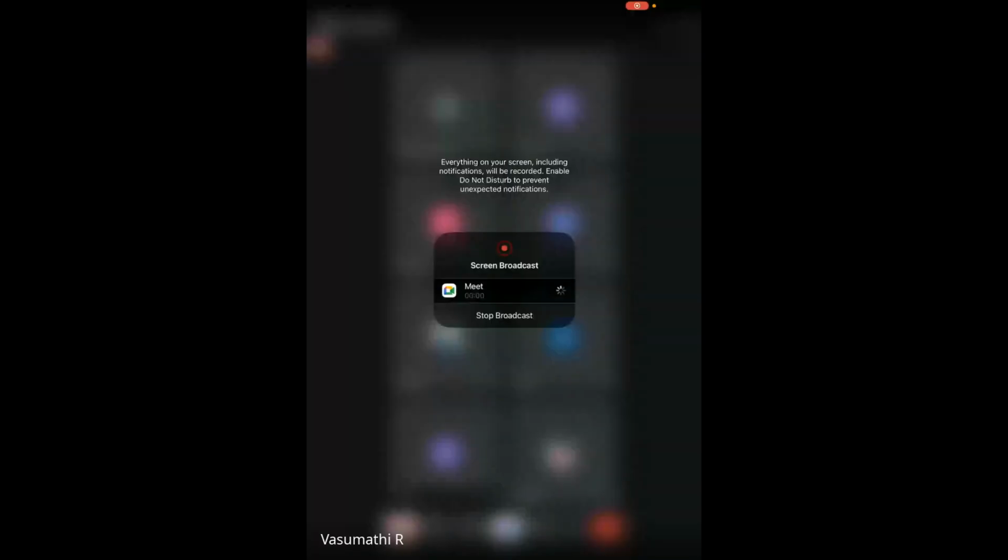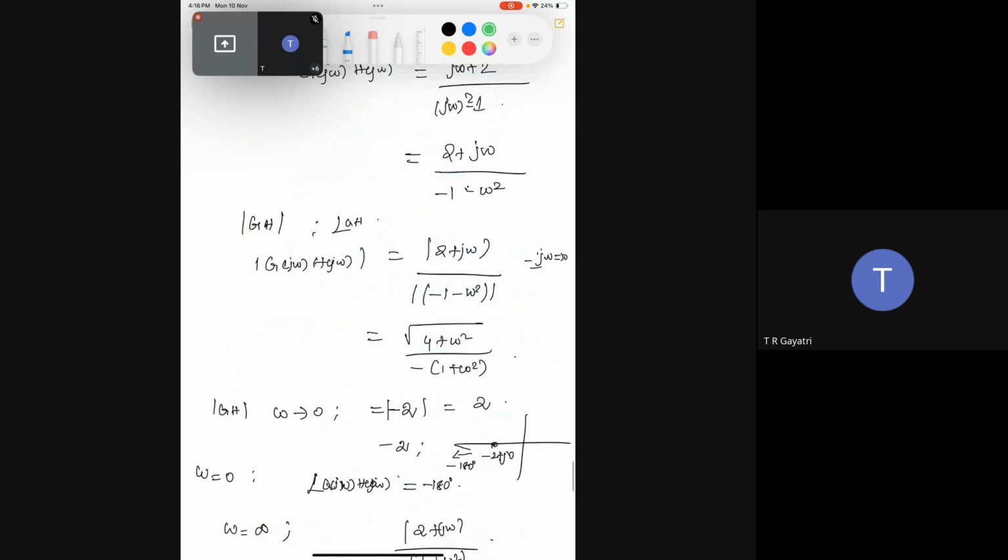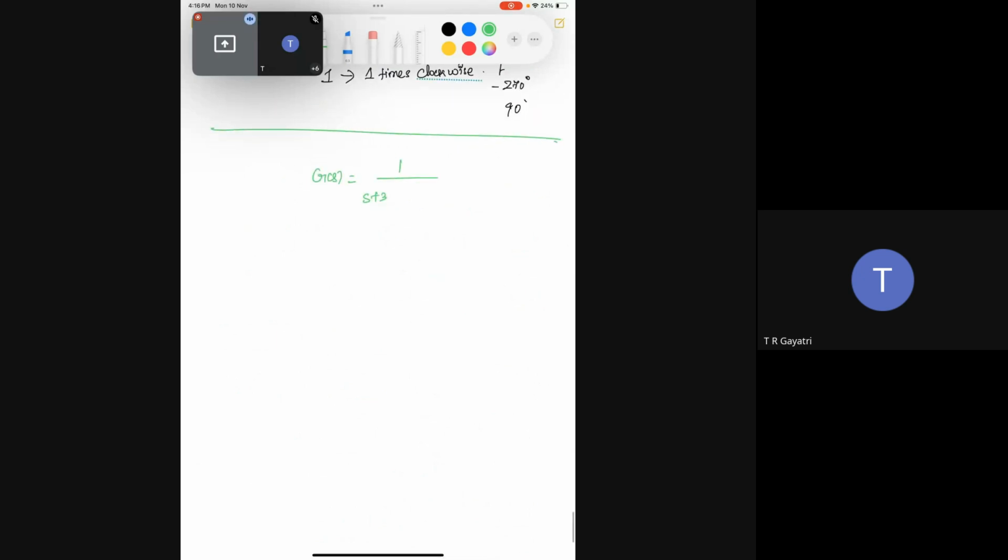Yes. The system is G of S equal to 1 by (S plus 3)(S plus 5)(S plus 7) with the characteristic equation 1 plus K G of S equal to 0.